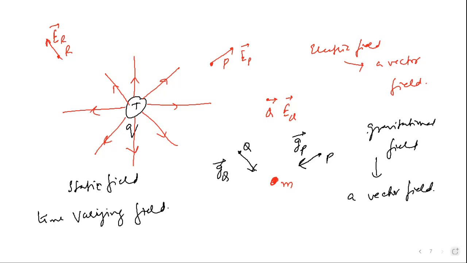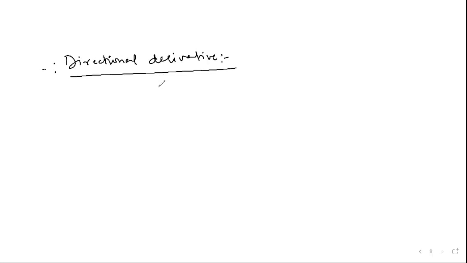Now, my next thing is there's an idea called directional derivative. Now, in directional derivative, there's involvement of an idea called gradient. First, what is a directional derivative? I want to first explain that.